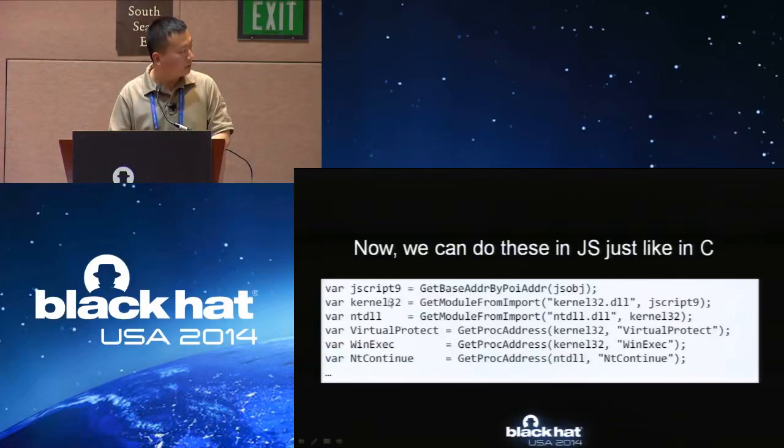And almost any module imports kernel32, so we certainly can get a module from import. We use the get module from import function to get the kernel32 base address from JScript 9. And we also get NTDLL from kernel32.